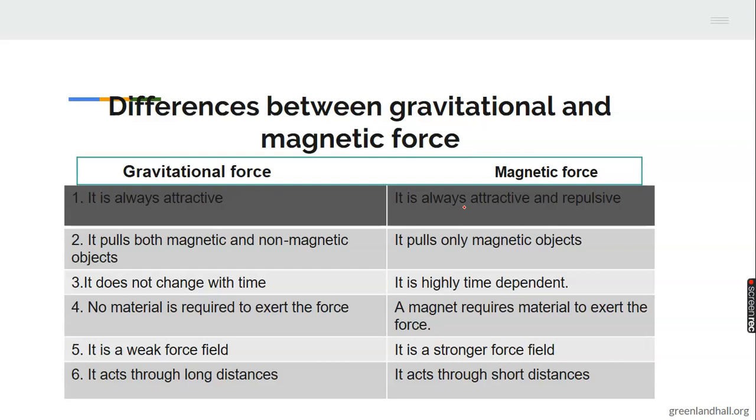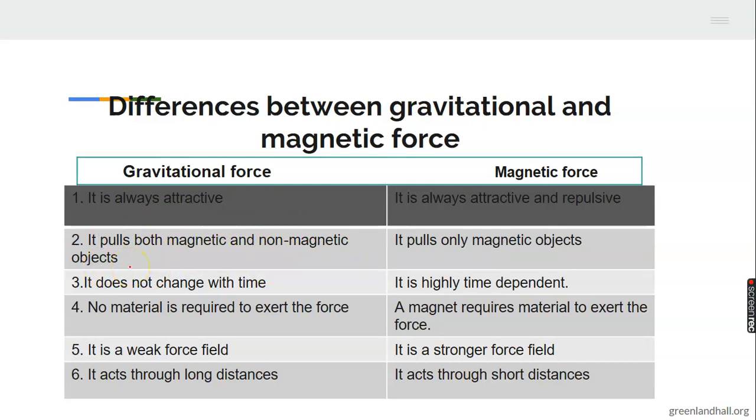Sometimes when you put two magnets together, they don't attract each other. That means maybe you are putting the north pole and the north pole together, so they will repel each other. But if you put the north pole and the south pole together, there will be attraction. So that's number one. Number two, it pulls both magnetic and non-magnetic objects.